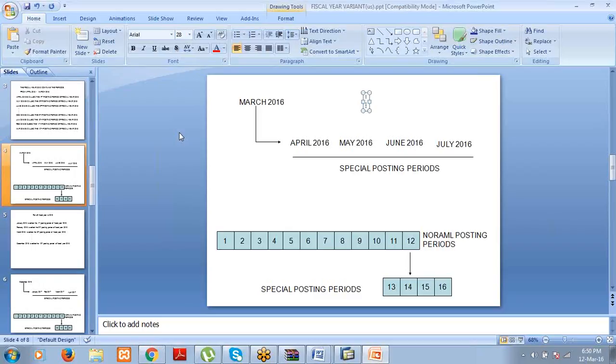Let us assume, right? 31st March 2016 is over, and after 31st March 2016, normal fiscal year starts, right? April 2016 to March 2017, sorry. After 31st March 2016, new fiscal year will start April 2016 to March 2017, right?